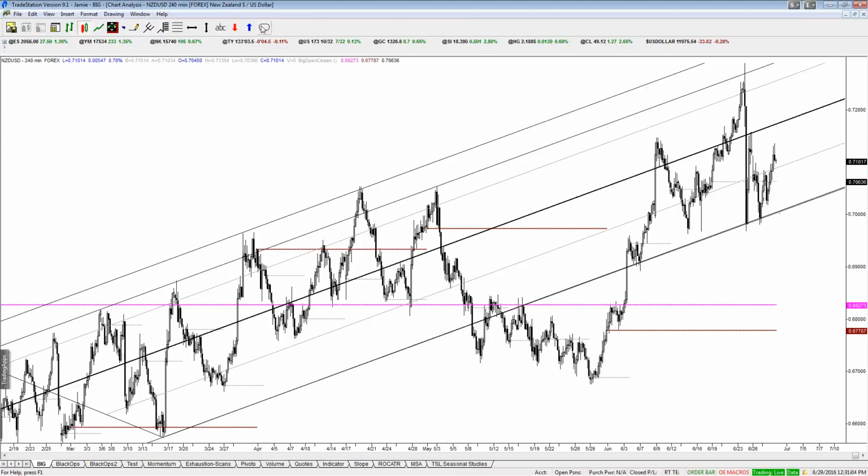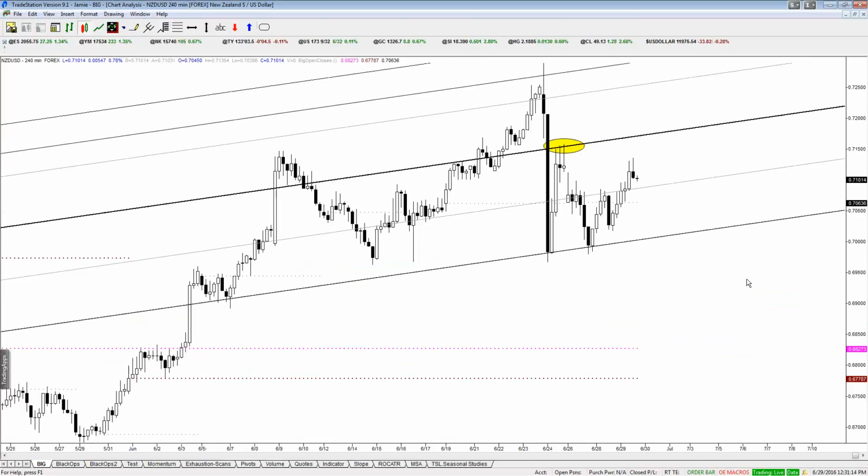The median line, which actually was resistance on the post-Brexit bounce. And if this is an A, B, C, then we have this to go with. And that puts us at 71.71, two equal legs up.